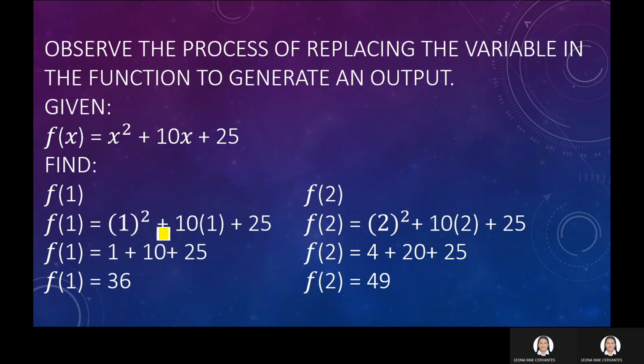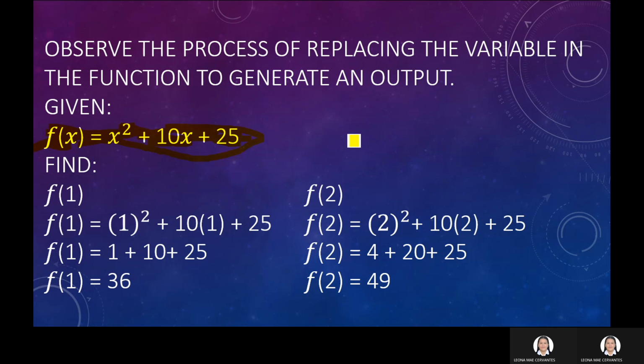So given is f of x equals x squared plus 10x plus 25.